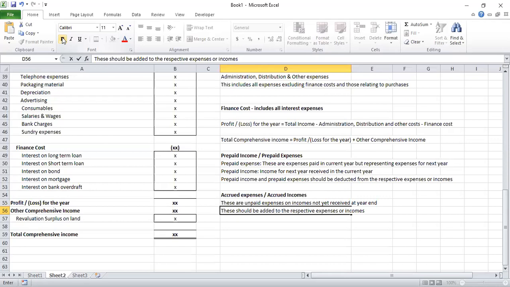Accruals are also called amounts owing or amounts outstanding. It means that they were not paid, but they belong to this year, so you should add them to the related expense.